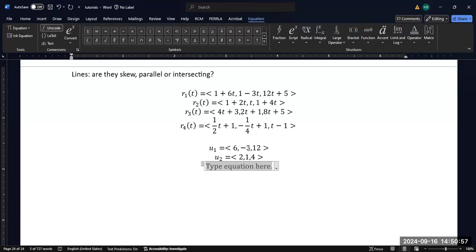And then for U3, we're going to have 4, 2, 8. And for the last one, just a direction vector, not a line, 1/2, -1/4, and 1.